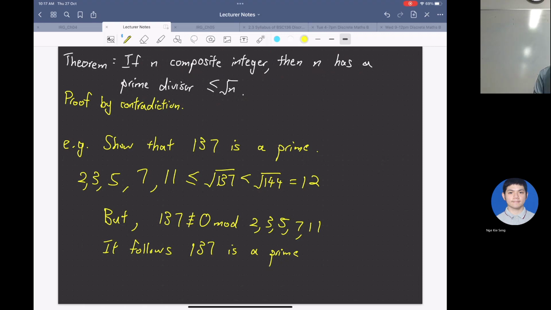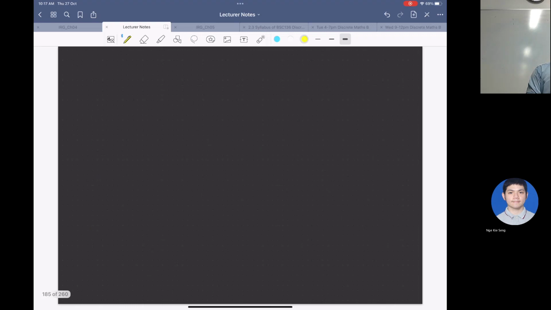Okay, so the next one is more interesting. Since all numbers can be written as a product of primes, there are actually infinitely many primes. This is called Euclid's theorem.